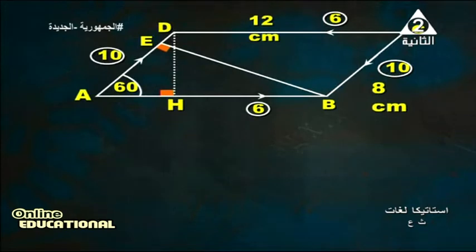ABCD is a parallelogram. We know that in a parallelogram, each two opposite sides are equal and parallel. Look at AB and CD. There are two forces, 6 and 6, equal in magnitude, opposite in direction, acting at AB and CD.